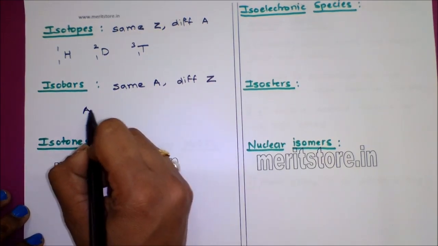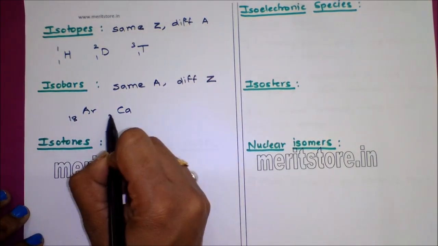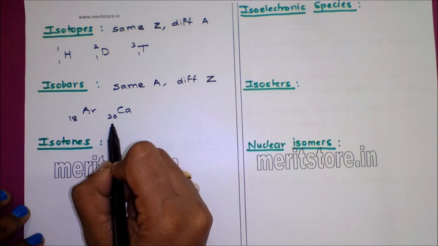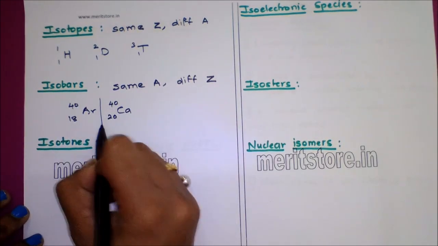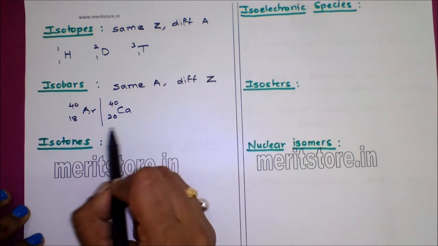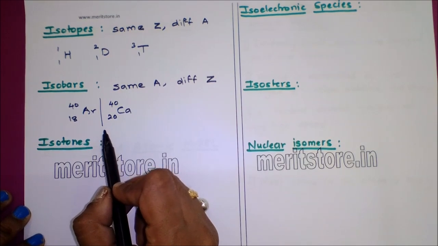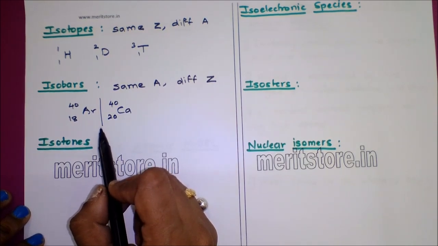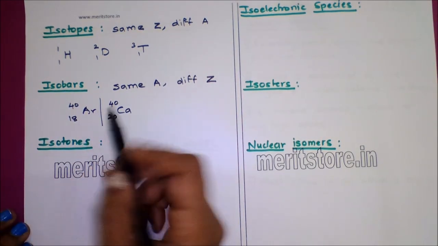For example, argon and calcium have different atomic numbers: argon is 18 and calcium is 20, but both have the same mass number, that is 40. Since they have different atomic numbers, they occupy different positions in the periodic table, and their chemical and physical properties will be different except for the mass, which is the same, that is 40.